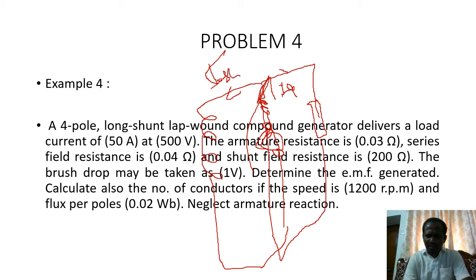This one is the load current IL. So the armature current is divided as Ish and IL.